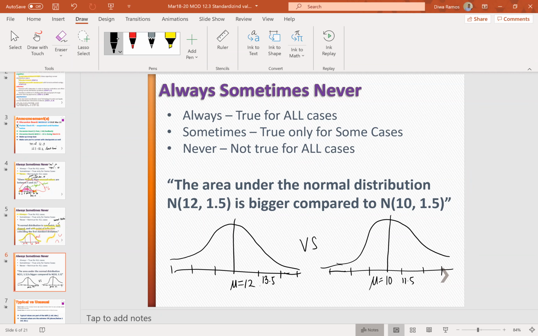All right. The question is, is the area here, everything here, bigger compared to the area here, which is everything there, simply because their means are not the same? Any guesses?